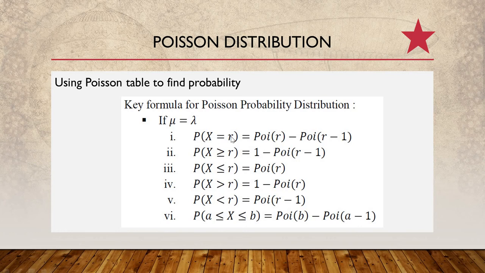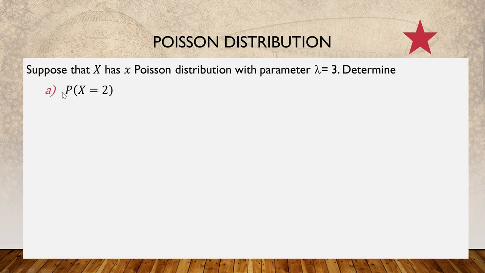The difference is that for binomial we use b, and for Poisson we use poi. Suppose that x has a Poisson distribution with parameter lambda, determine P(x = 2).